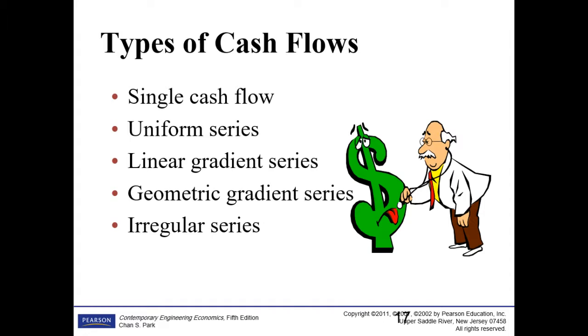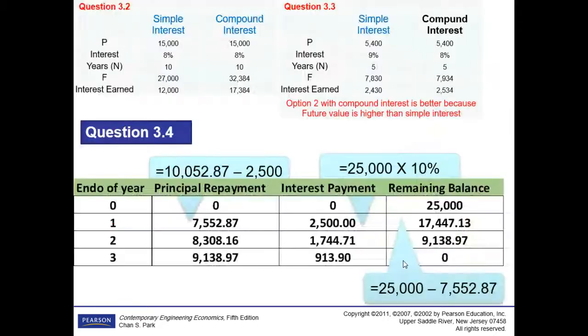What does remaining balance mean in the previous slide? Remaining balance means how much of the loan is left, let's say after 1 year, after 2 years, after 3 years.